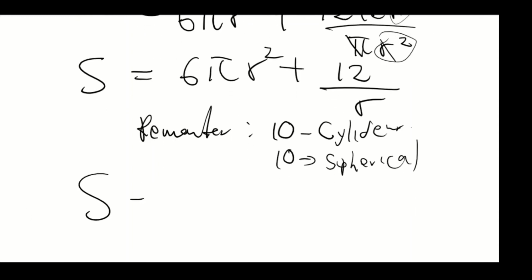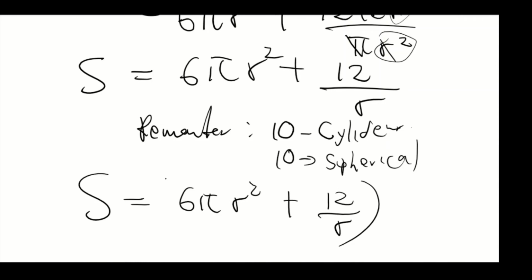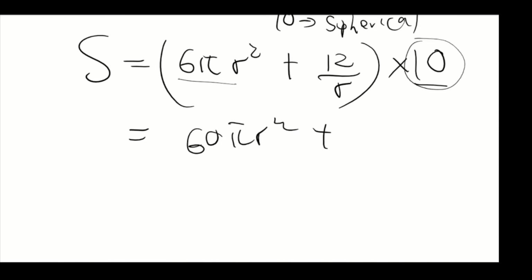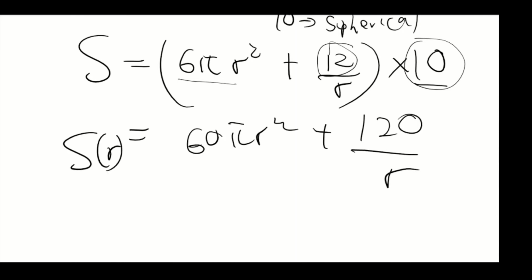So the surface area is equal to 6 pi r squared plus 12 over r, and you multiply everything by 10. Then what you're going to get is 6 multiplied by 10, which is 60 pi r squared, plus 10 multiplied by 12, which is 120 over r. So this is the expression of the total surface area.